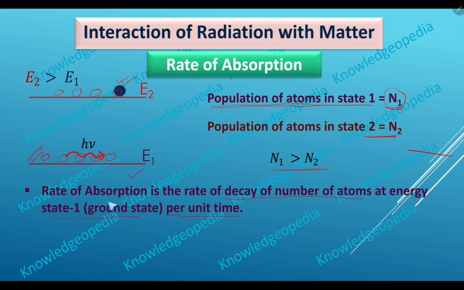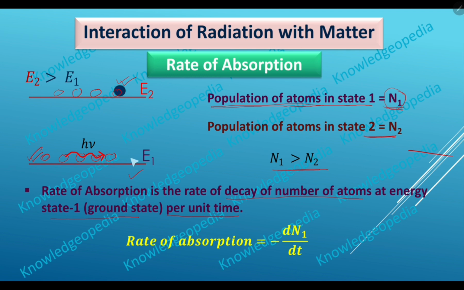That is what the rate of absorption is. So the rate of absorption is equal to minus dN1 by dt. This is the rate of change of atoms in the ground state.